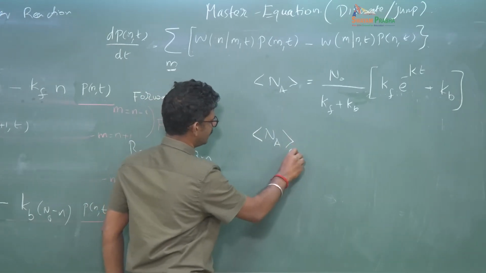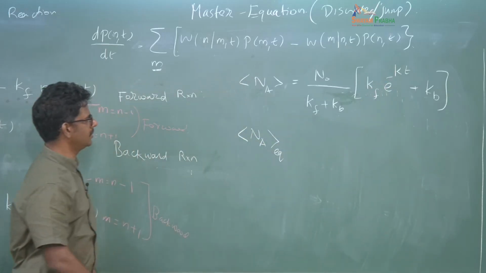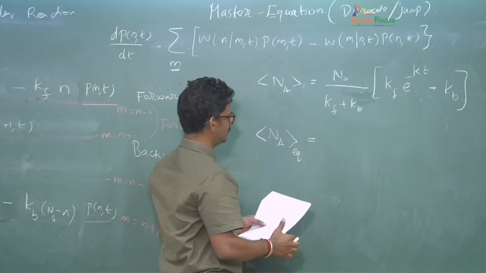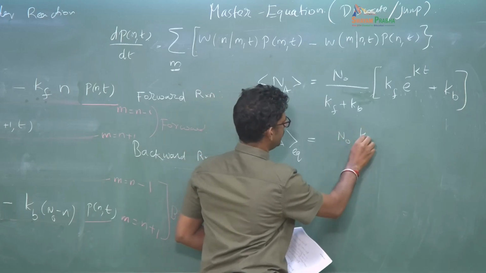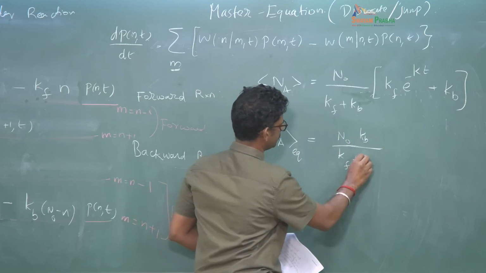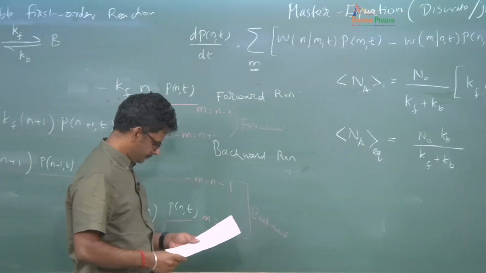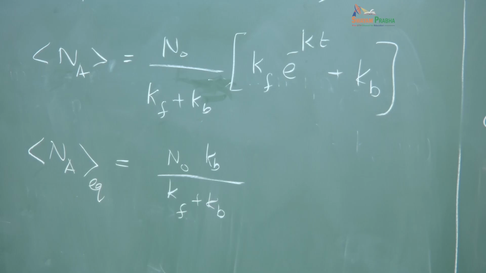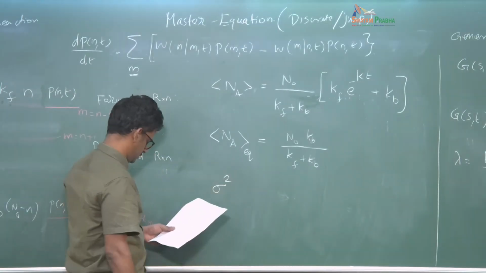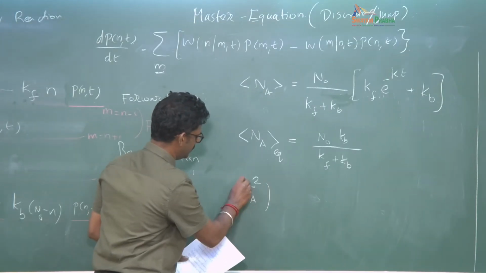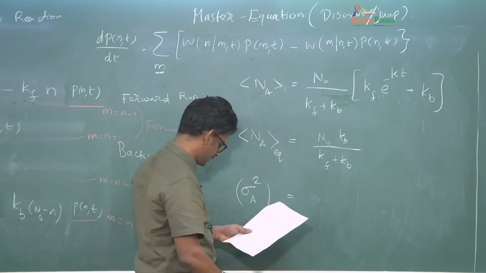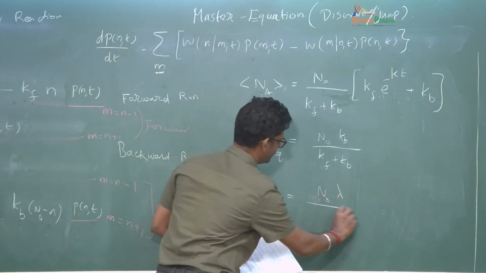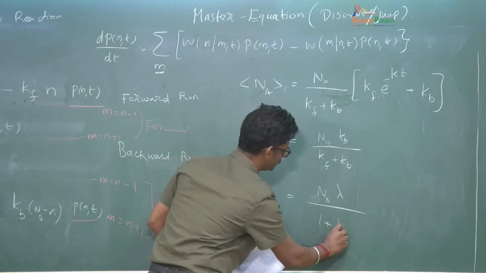So if you look at equilibrium value, time tending to infinity, so you will have this as n naught kb by kf by kb. And the variance of A at equilibrium, you can find this as n naught lambda by 1 plus lambda whole square.